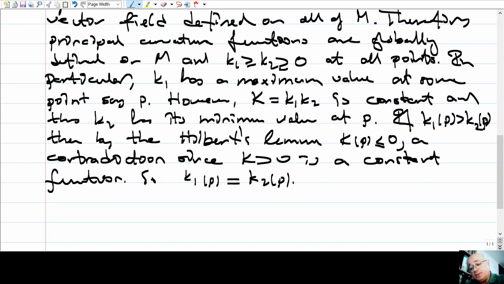This is possible only if these functions are equal to each other at all points. So K1Q equals K2Q at all Q in M.